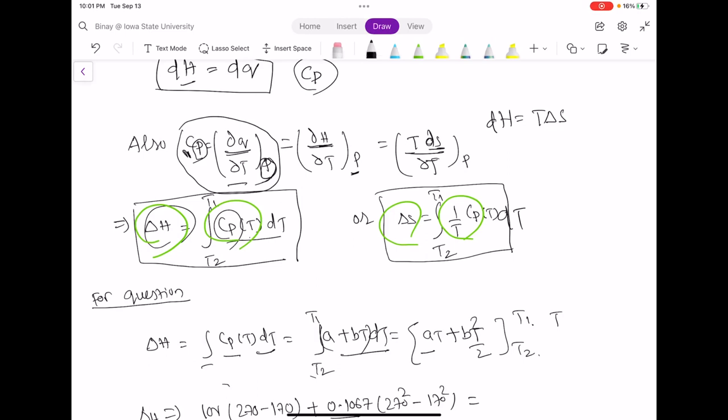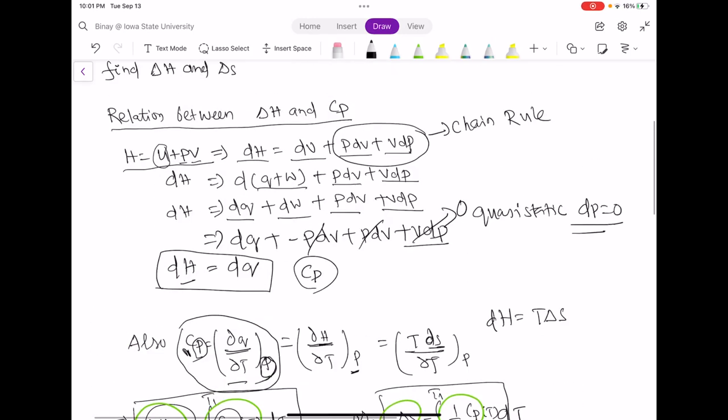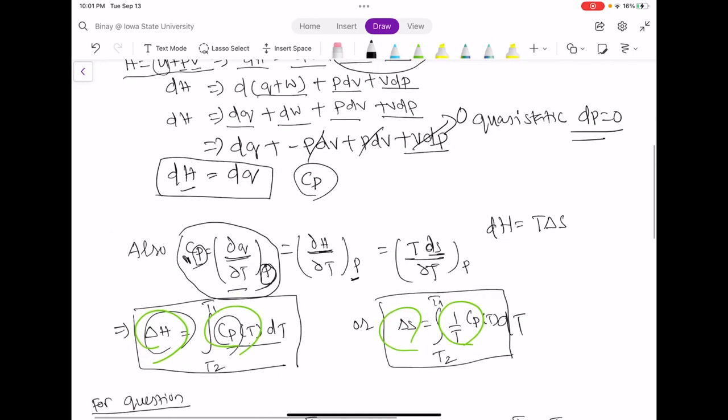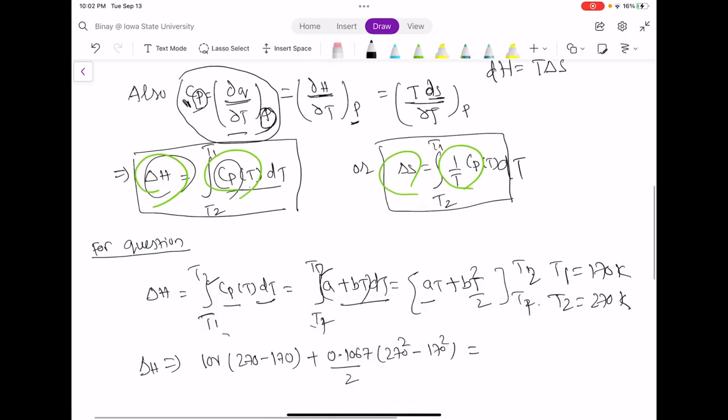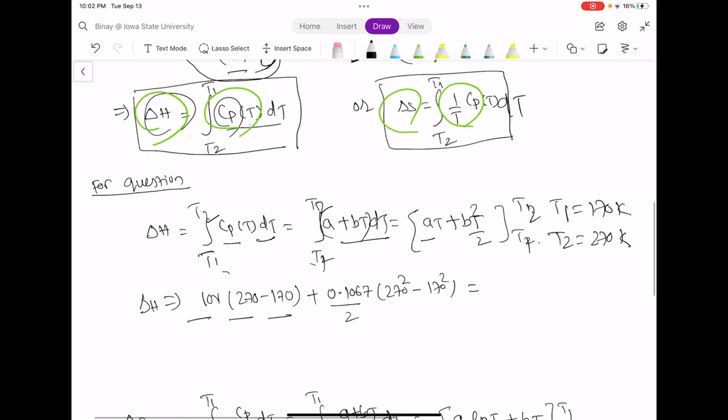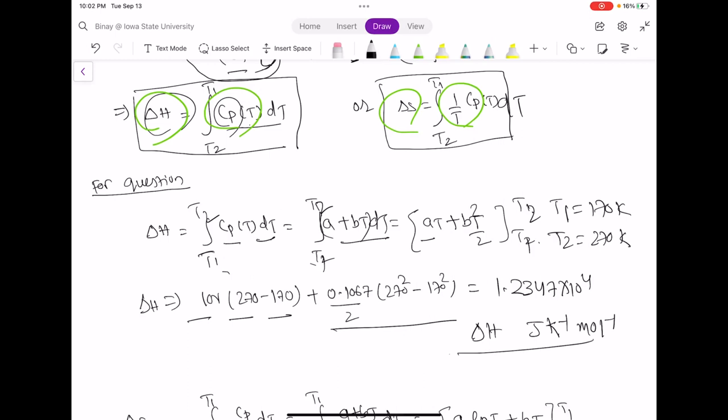I wrote it wrong earlier, so T1 to T2, where T1 is given here as 170 K and T2 is 270 K. Now we can solve it. Putting in the values, this whole thing comes to 1.2347 times 10 to the power 4 joule per mole. So this is our value of delta H.